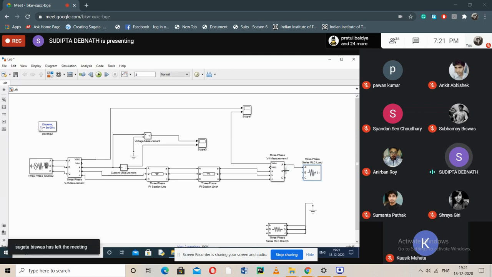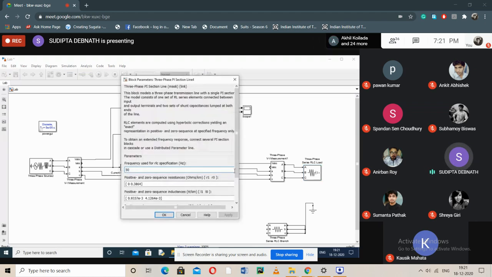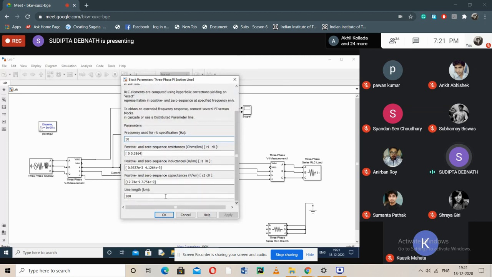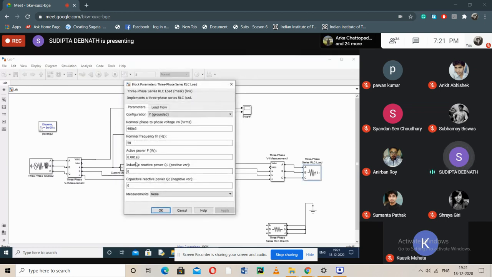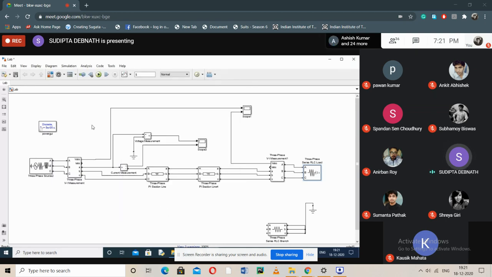We need not change the parameters, because we have considered everything per unit length. Say this one as 30. It means it becomes only a 50 kilometer line, a short transmission line, and we will see under no load condition whether the Ferranti effect is observed.